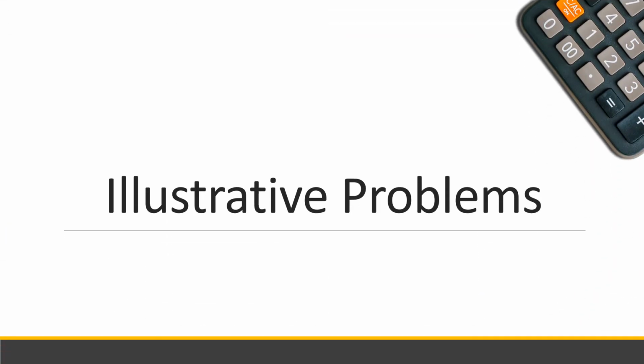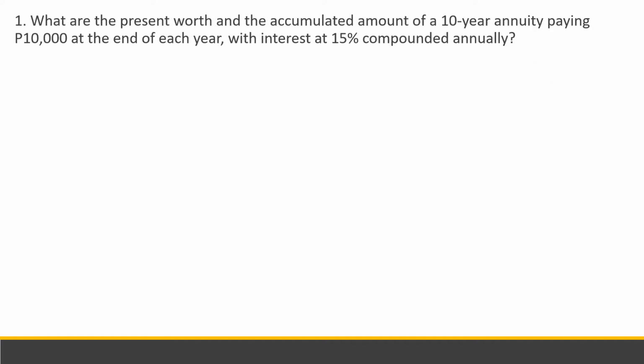So let's have some examples under ordinary annuity. Problem number 1: What are the present worth and the accumulated amount, so this is P and F, of a 10-year annuity paying 10,000 at the end of each year with interest 15% compounded annually?